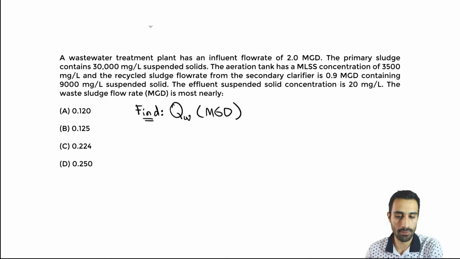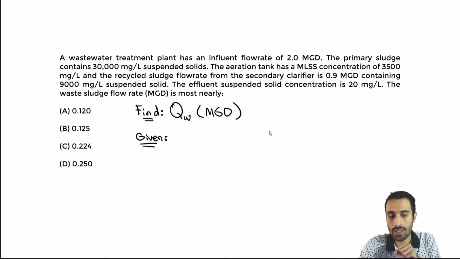So this is what we want to find, and what we can do next is begin denoting what we're given. So let's draw what we're given, and first draw the system, this overall treatment. The most important part in this case is the biological treatment, which we call secondary treatment.